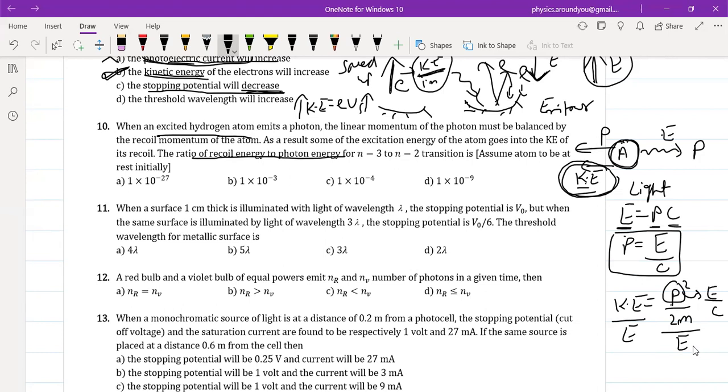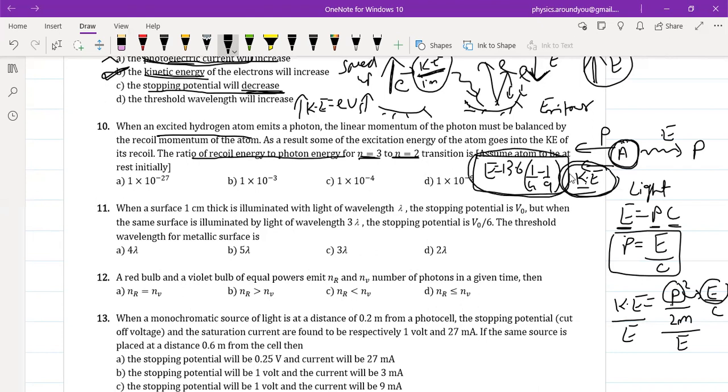So you now know everything in this ratio, because what is the energy released? Energy is released from n equals 3 to n equals 2. That is from the famous formula, energy equals 13.6 times (1 by 4 minus 1 by 9). You must remember this: 1 by n1 squared minus 1 by n2 squared, where n1 is less than n2.